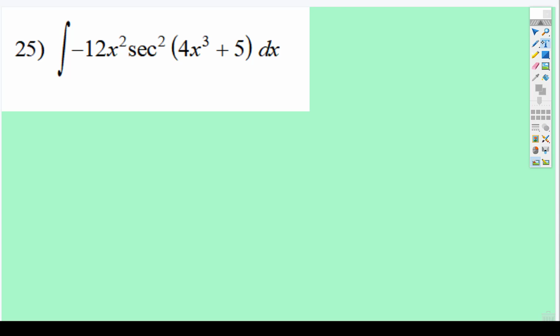All right, this becomes, remember this right here is the theta. So it's negative 12x squared secant squared theta. So let u equal the theta. And remember, this is saying secant squared, right?